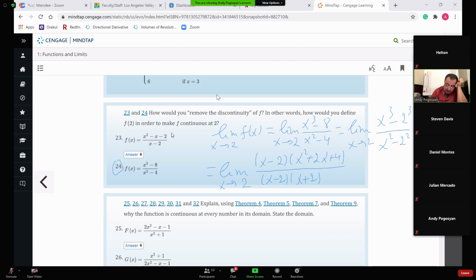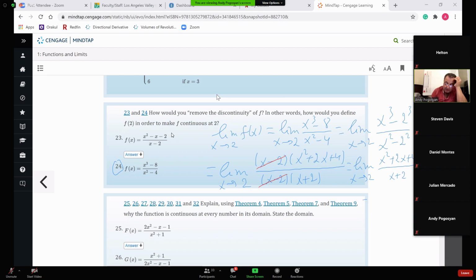Now, x minus 2, we can divide out. So you have the limit of x squared plus 2x plus 4 over x plus 2 as x approaches 2.